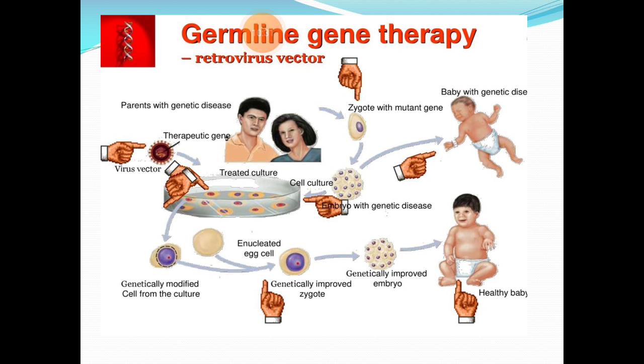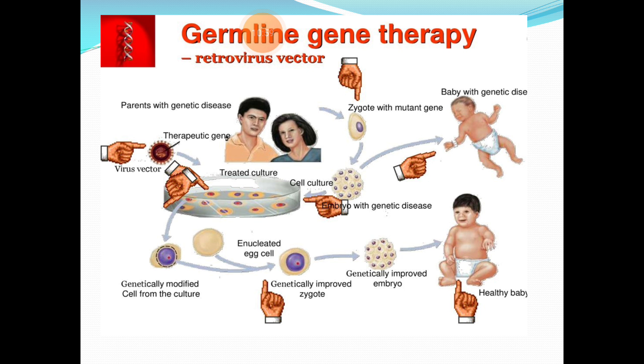And on the other hand, you have a viral vector containing the therapeutic gene. Okay, a viral vector which has incorporated a functional gene in it, and even that is added to the cell culture. And then you will get a genetically modified cell from the culture, where the bad gene has been replaced by the functional gene.